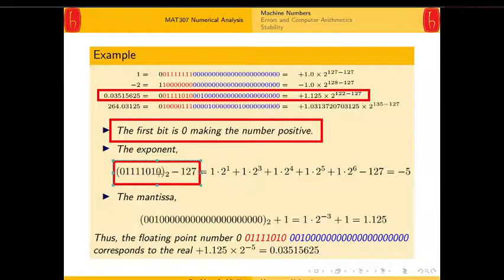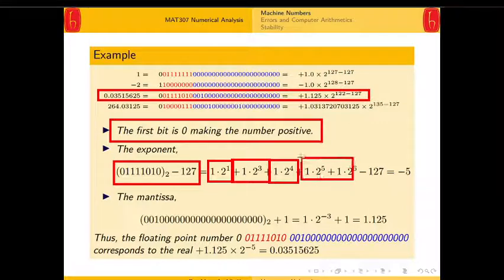This quantity will be 0 times 1, 1 times 2 to the power 1, and then here we have 0 times 2 squared, and here we have 1 times 2 cubed, so it's here 1 times 2 to the fourth, 1 times 2 to the fifth, and 1 times 2 to the sixth, and nothing else.